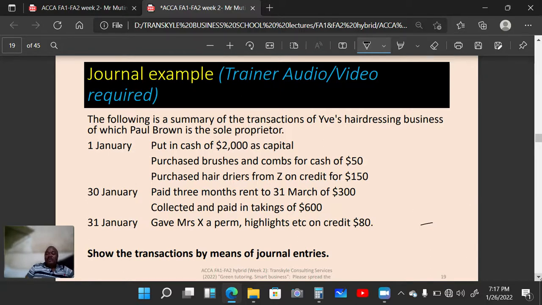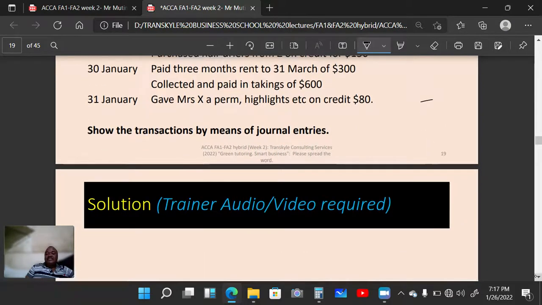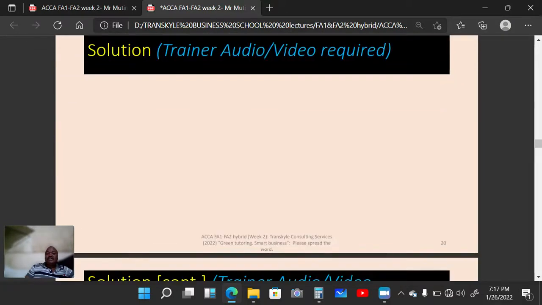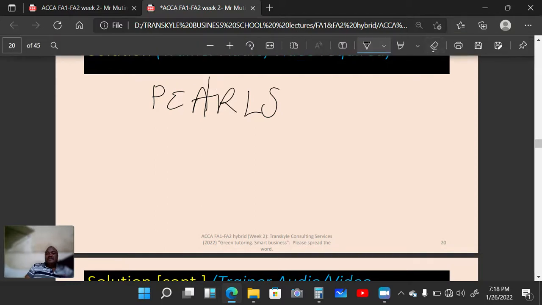Before we go further, I want you to understand this before we crack down this example. There is what is called the PEARLS acronym. Many people have come up with definitions of it.